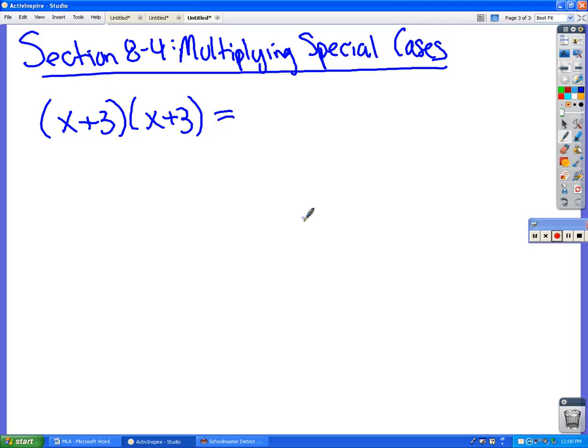X squared. Then when I multiply the outside terms together, what do I get? 3x. Then when I multiply the inside terms together, what do I get? 3x. And then when I multiply the last terms together, what do I get? 9.